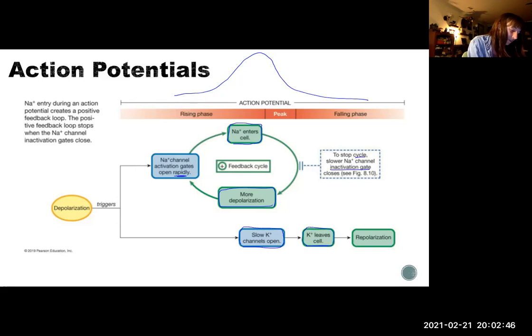Still, after that inactivation gate closes, the potassium still leaks out down its concentration gradient, basically just continuing the repolarization back to positive on the outside and negative on the inside. And those sodium potassium pumps get to work to really get us back to that minus 70 millivolts on the inside compared to 0 millivolts on the outside.